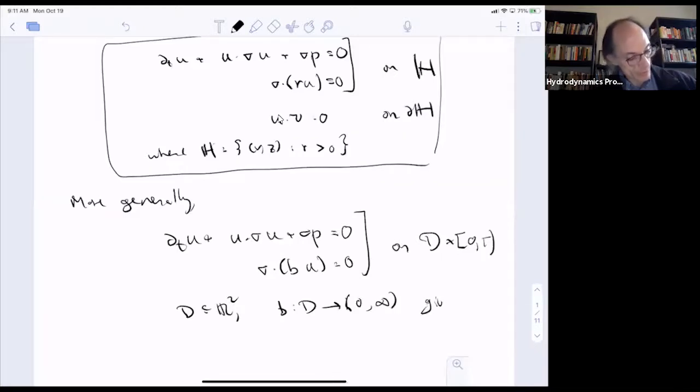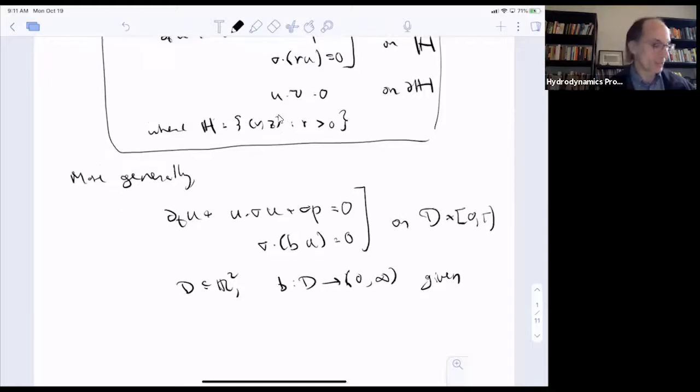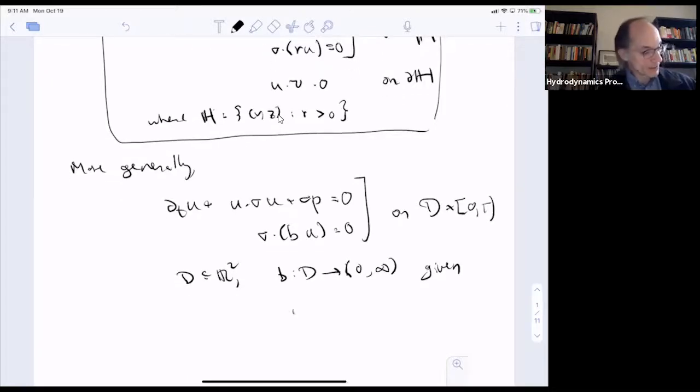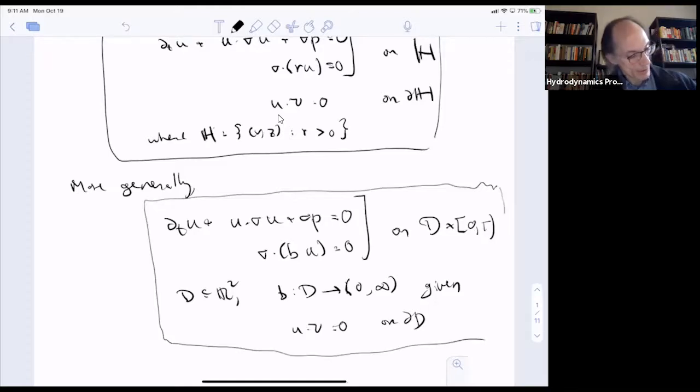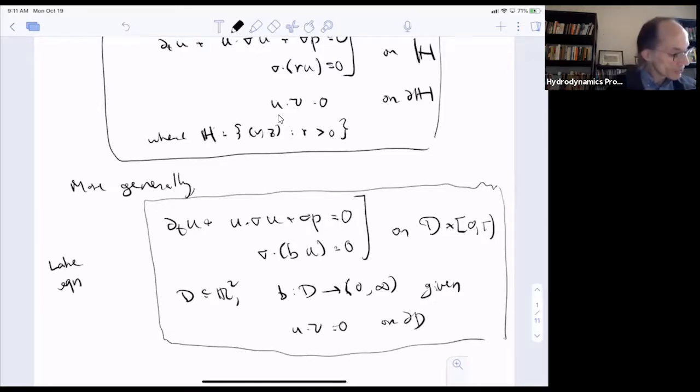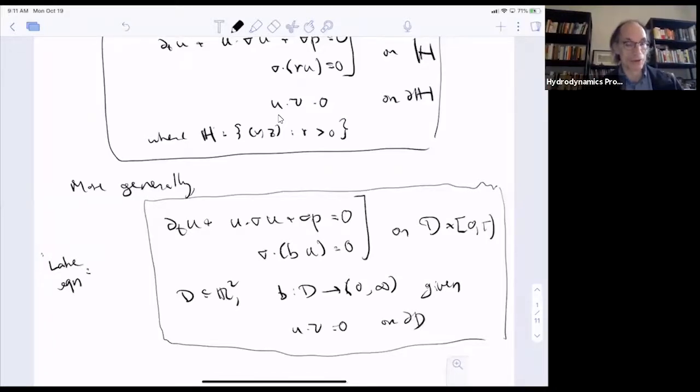One usually assumes smooth, or at least C1. And again, the normal component vanishes on the boundary. This is sometimes called the lake equation, because it can describe the flow of water in a lake, or an inviscid incompressible fluid in a shallow basin.